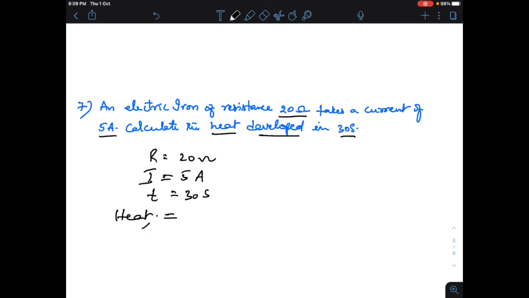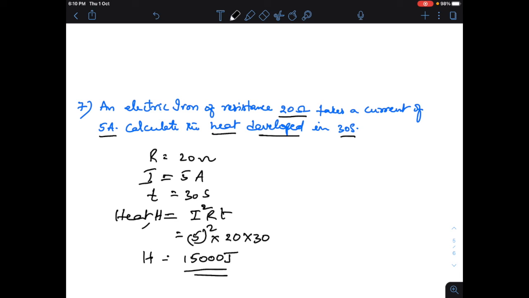Heat H is equal to I square RT. Now, all these three are given. So, let us substitute 5 square into R is 20 into time is 30. So, H is equal to 15,000 joules. So, this is the heat developed.